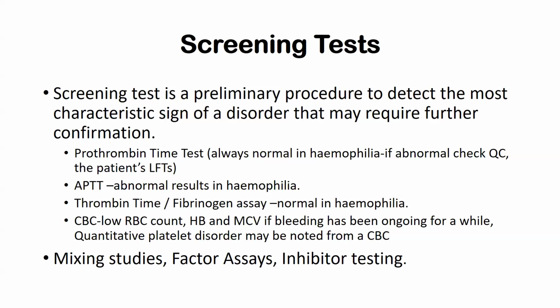Thrombin time or fibrinogen assay, which checks on the common pathway, is usually normal. CBC, we check the low RBC, HB, and platelets to see if the patient has been bleeding for long. And then, of course, we need to do mixing studies, factor assay, and inhibitor testing. Next.